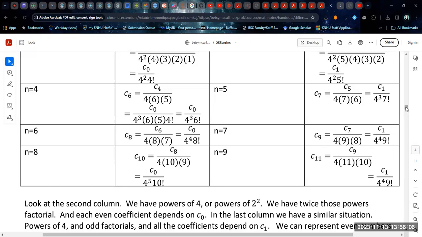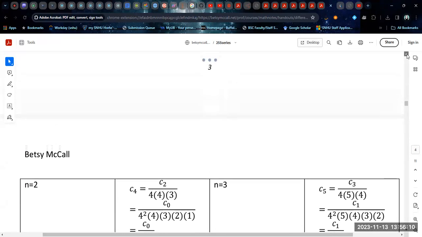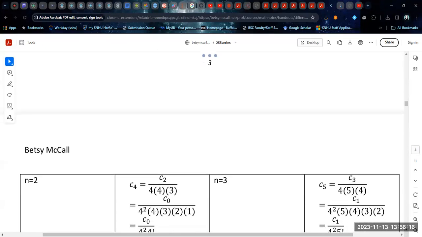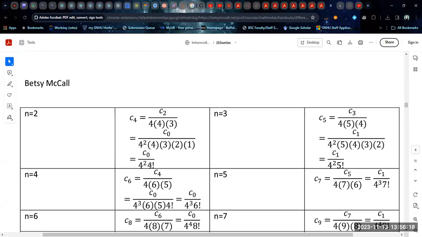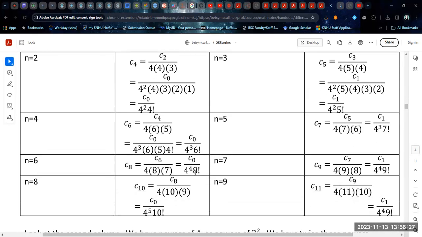So let's see what kind of pattern we have. Here, this looks like 4 times 2 factorial. And then here we have 4 squared and 4 factorial, and then 4 cubed and 6 factorial, and 4 to the 4th and 8 factorial. I'm sensing a pattern.